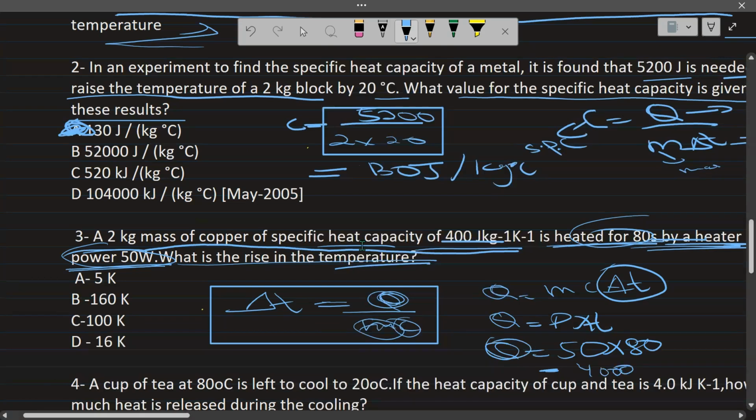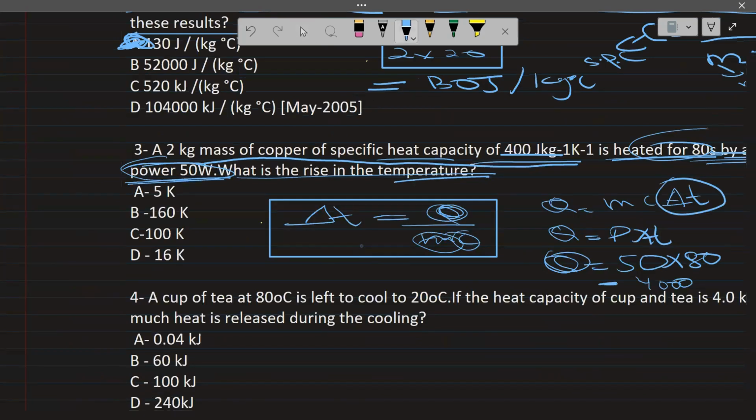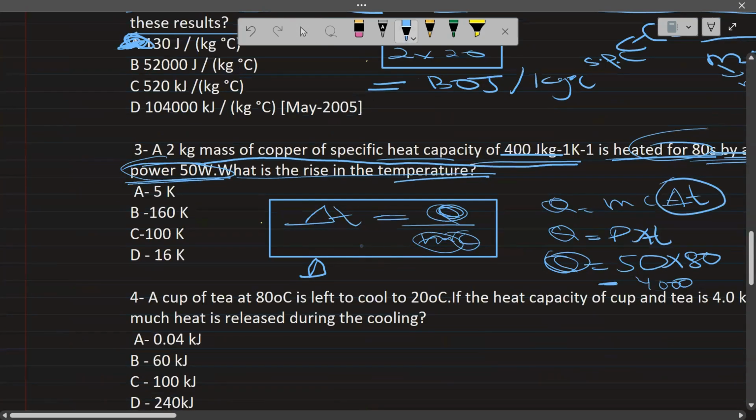So we found the heat. Now let's put the values. So delta T is equal to 4,000 upon M, M is 2 times C is 400. So the answer is 5K. Okay, so the answer will be 5K.